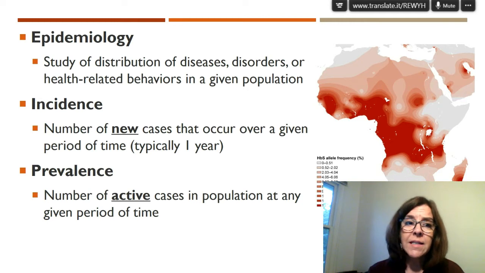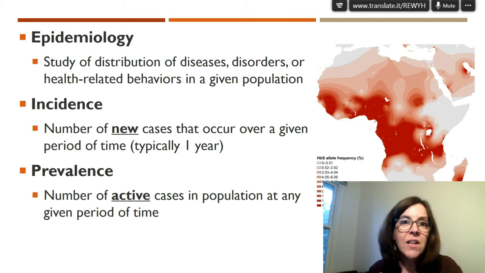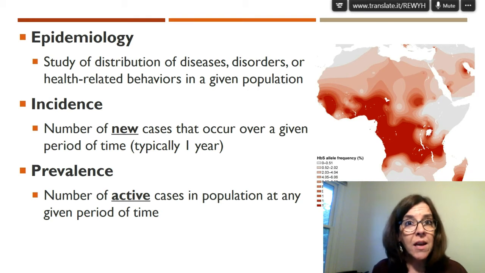So starting with incidence, we know that incidence refers to the number of new cases of a given disorder in a given time period, usually 1 year. Incidence is only counting new cases. So in other words, if people develop a disorder and then they continue to have the disorder, they may or may not be counted.